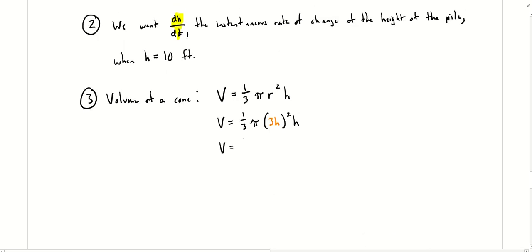And so one more time, I'm going to rewrite this as volume equals 1/3 times pi. Then I've got 3 squared, which is 9, times h squared times h.